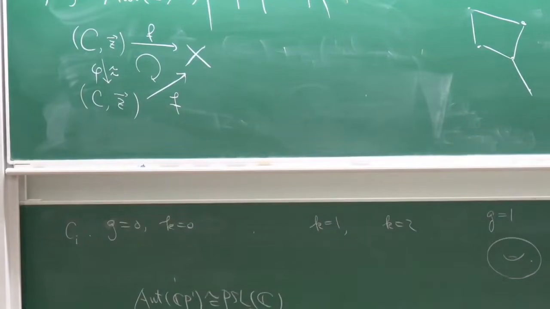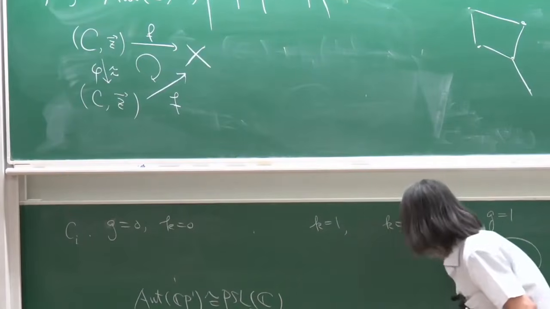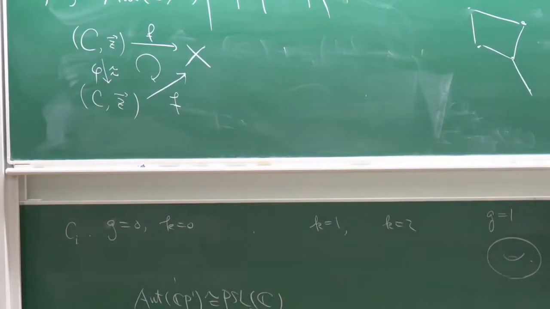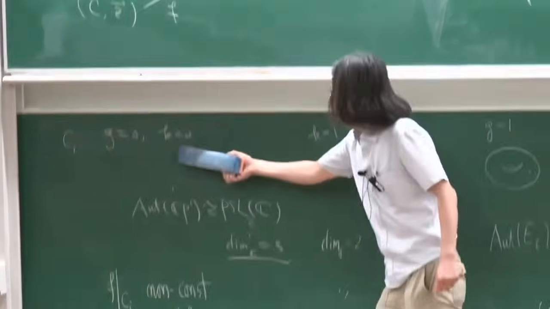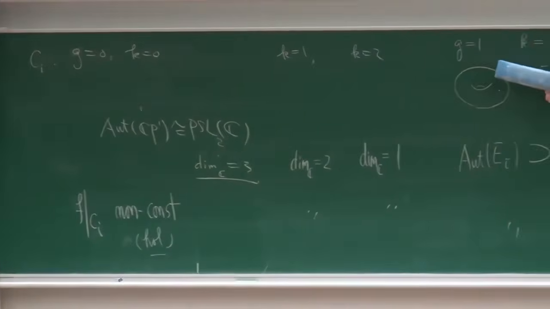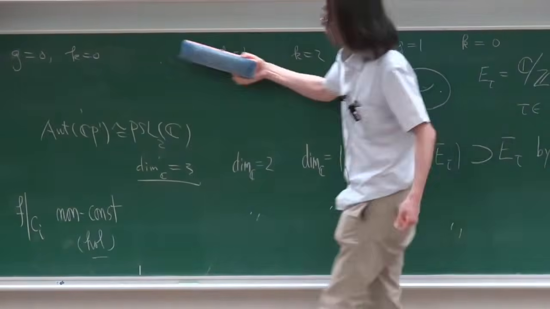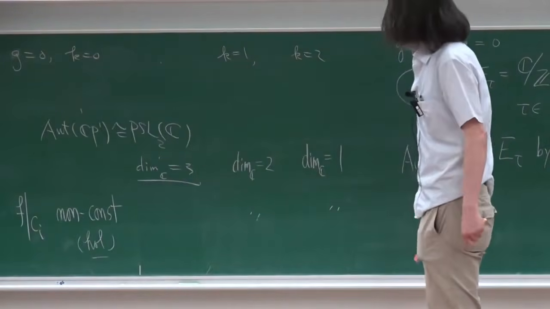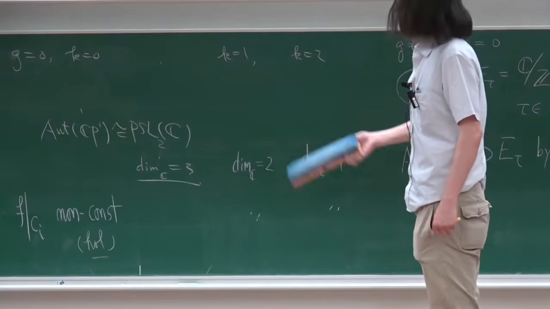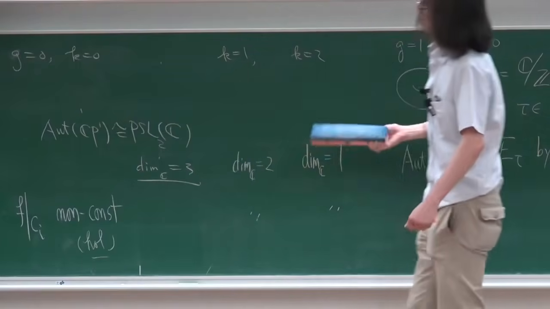So similarly, here and here, and here. Okay? So we have several cases. For an unstable irreducible component of the domain, we require that the map on such components is non-constant.